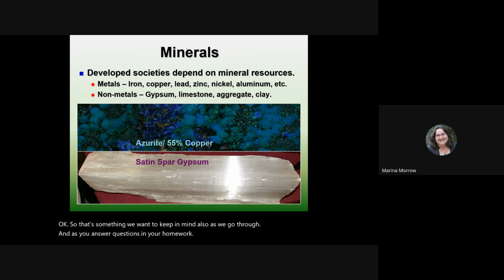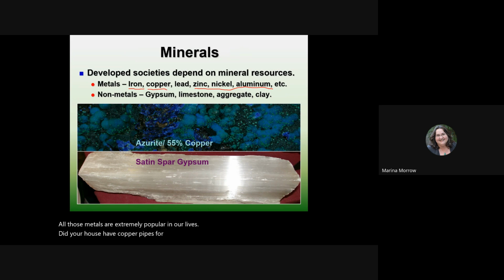All right, so our society depends on mineral resources. Did you drive a car today? Then you depend on iron, right, in your car. And there might have been zinc and nickel and aluminum, of course. All those metals are extremely popular in our lives. Did your house have copper pipes for water?